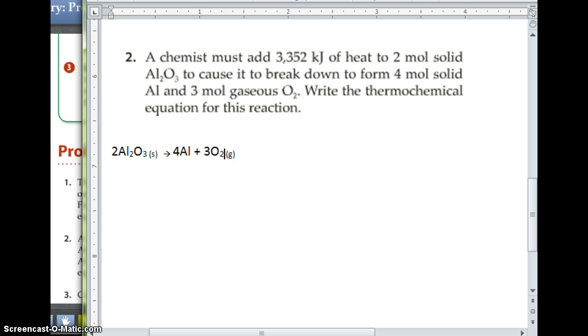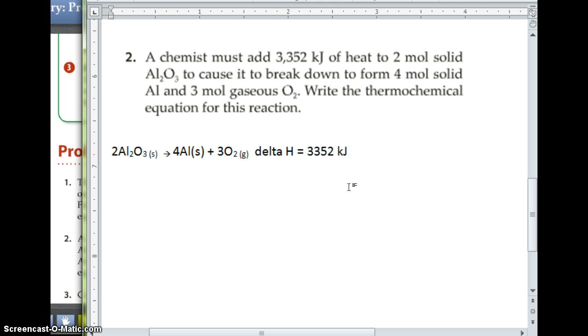So gaseous, go back to my aluminum. It said it was solid. All right, and then at the end, I write what? My delta H equals 3,352 kilojoules. Is it positive or negative? Well, the chemist must add. So that means, are you putting energy in or taking it out?